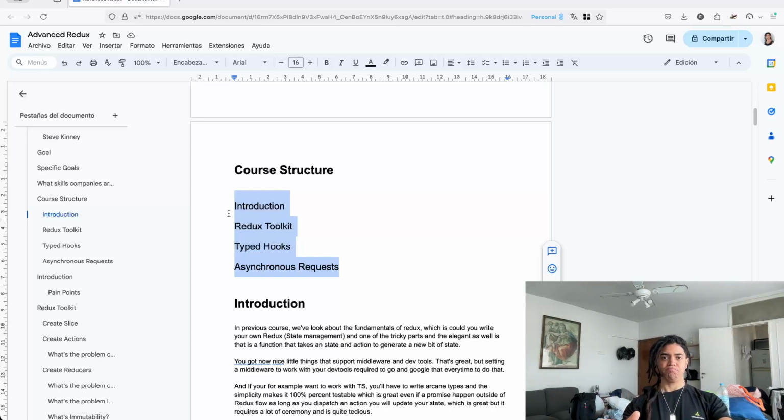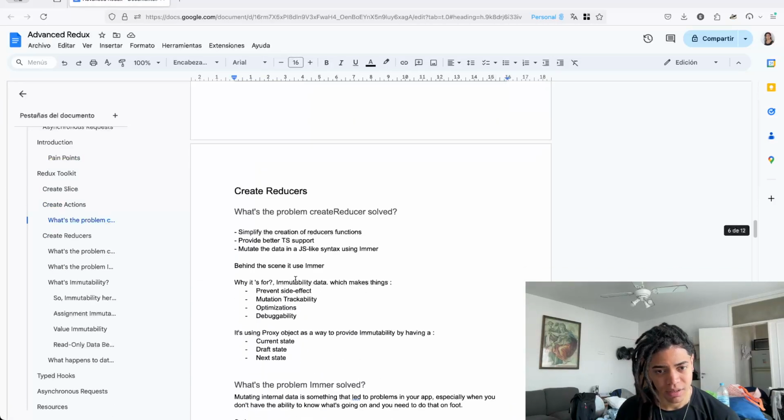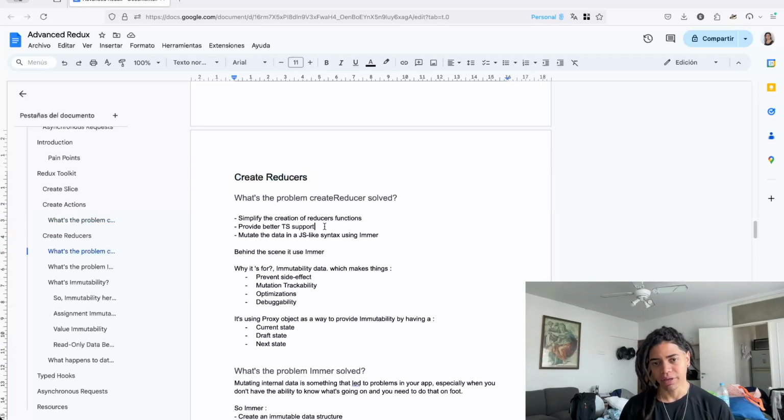So I'm going to present my case here for immutability, because this is something relevant when it comes to creating reducers. Remember that after all, a reducer is just a function that takes a state and an action to generate a new bit of state. One of the problems that createReducer solves is that you don't have to create that by yourself.